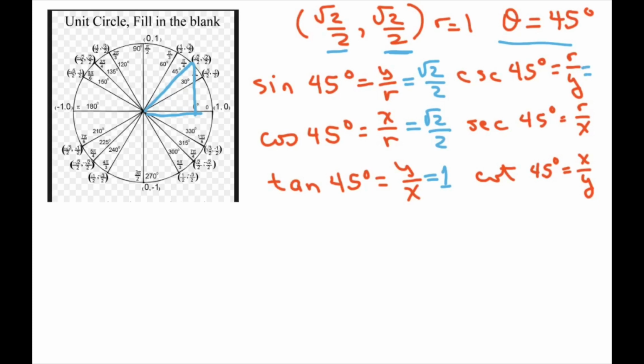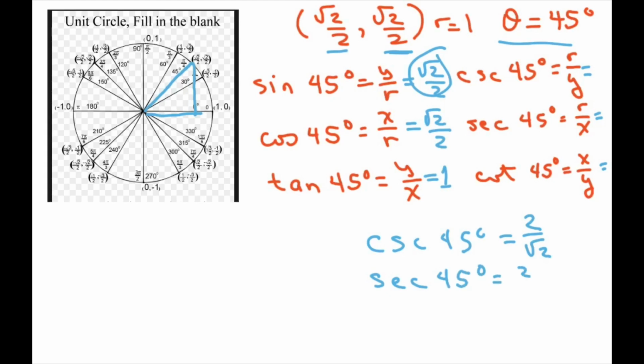Now, I didn't leave enough room, so I'll do it down here. So cosecant of 45, you just flip that, and that's going to be 2 over square root of 2. Same thing for secant. And then for cotangent, 1, if you write this 1 over 1 and you flip it, you still get 1.